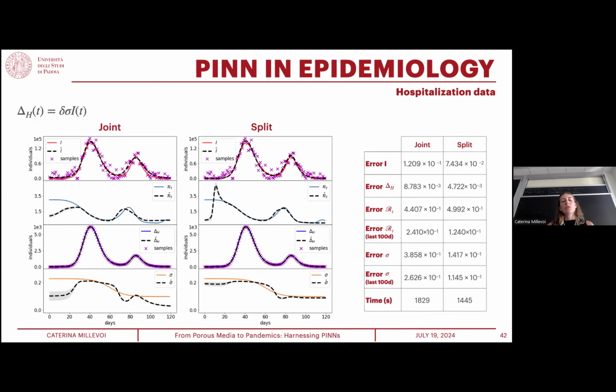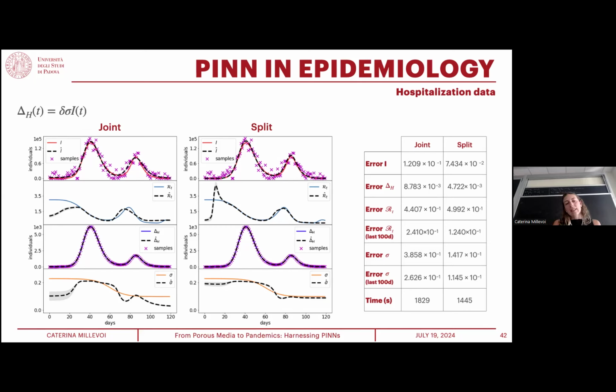So what we did was to consider a datum that is usually less affected by noise in a real application, because our final goal was to use real data. And so we added a datum that corresponds to the hospitalizations, which is actually more reliable and, as I said, less affected by noise and error.